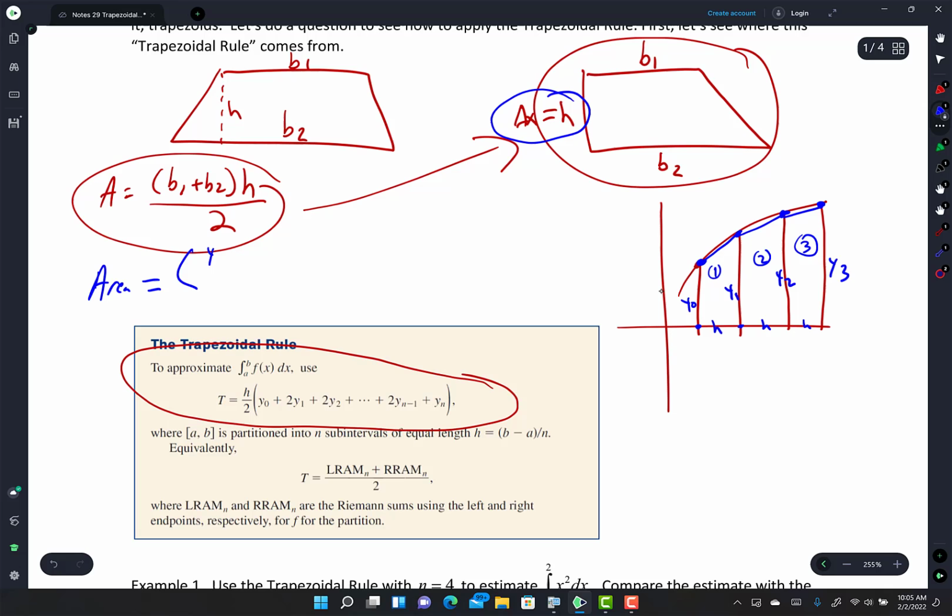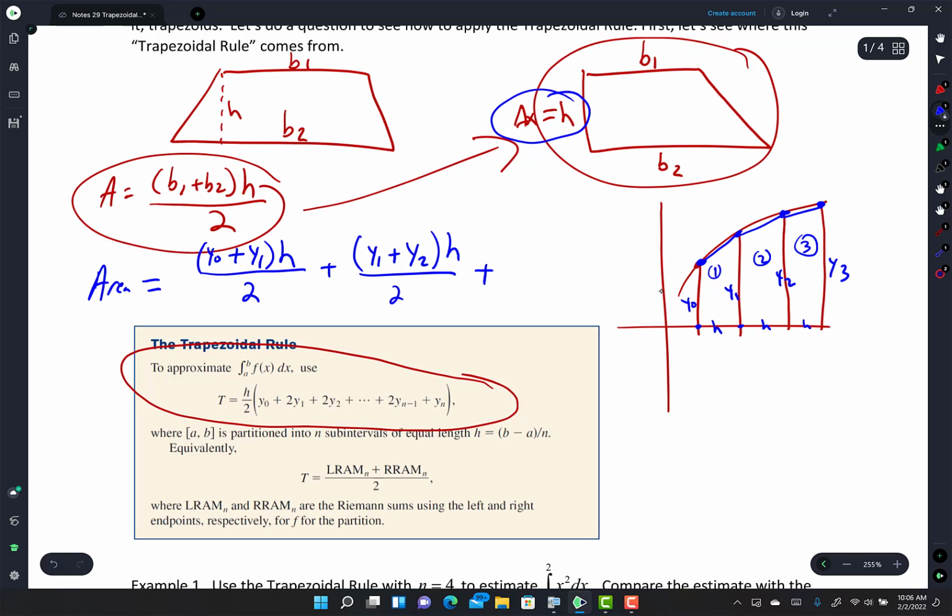Y0. So I'm going to go y0, and then plus y1. And then I'm going to put that in little parentheses, times height divided by 2. That's my first trapezoid. Do you guys agree? Plus, and then my second trapezoid, number 2, what's that base here? Y1 plus the next base is y2 times my height divided by 2.